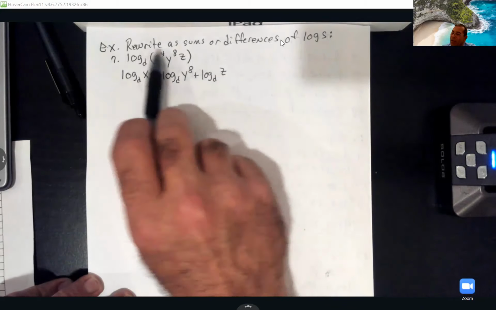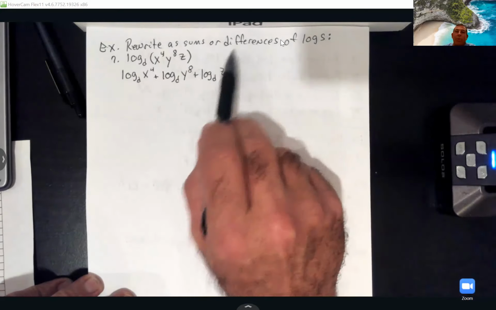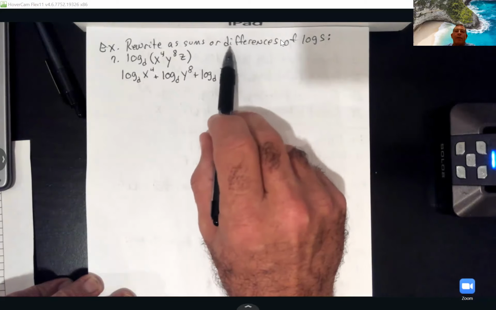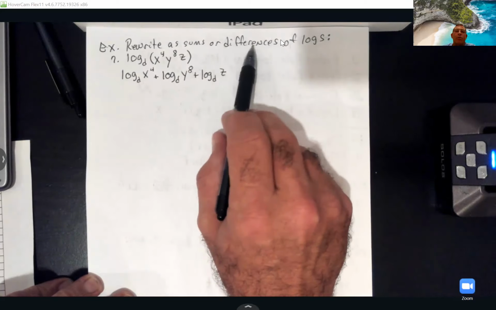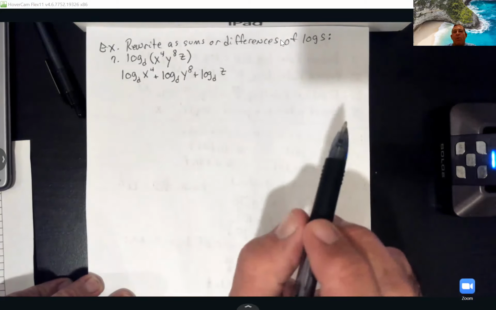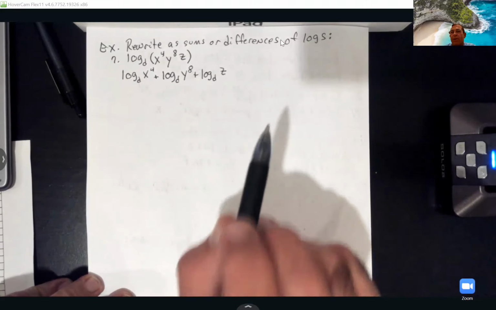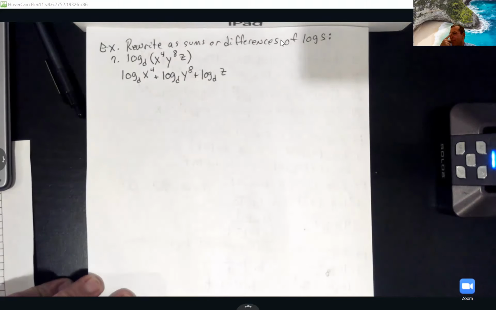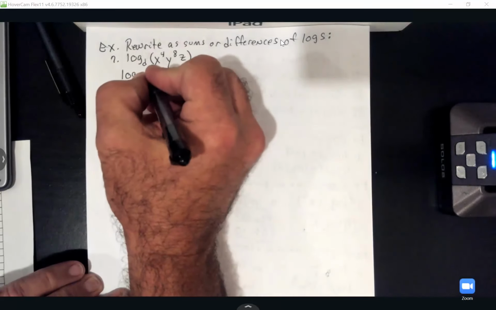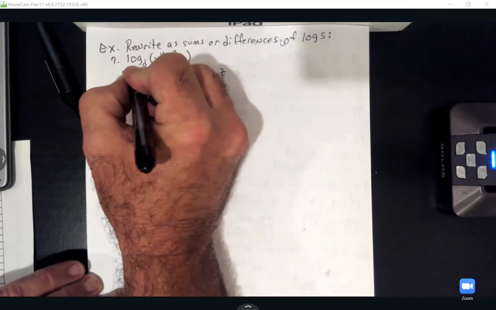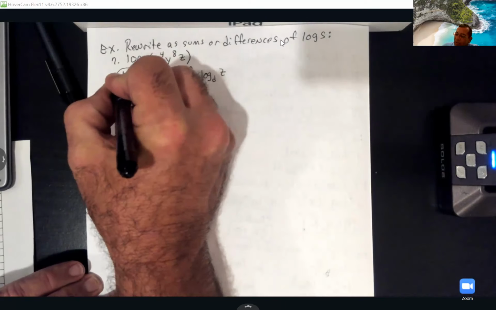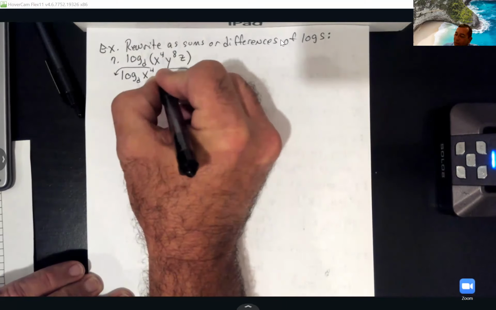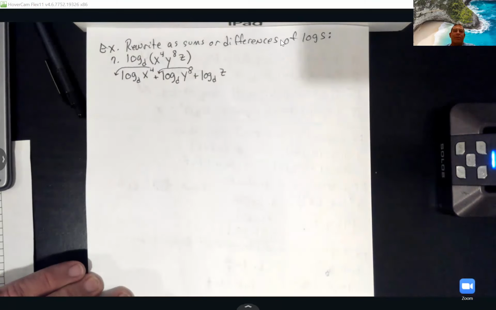We've already used our product rule. We don't have a quotient for the quotient rule. But what about that power rule? What did the power rule tell me to do? I have to drop these exponents to the front of each of my logs.